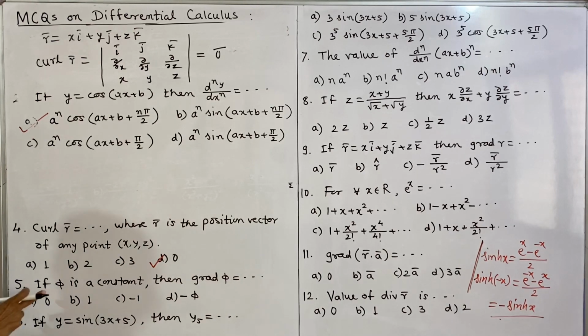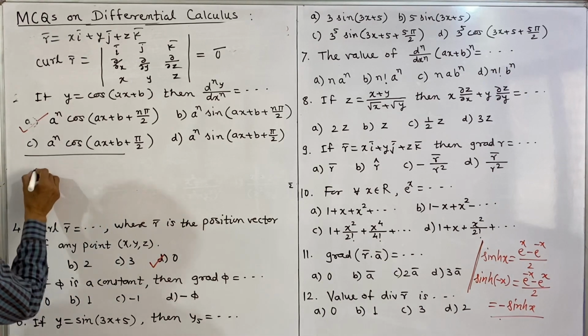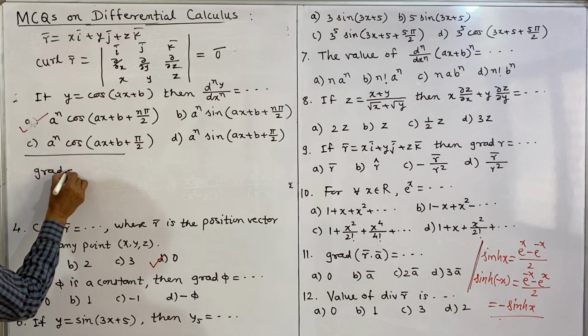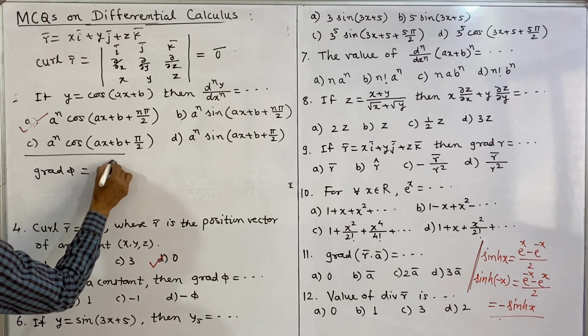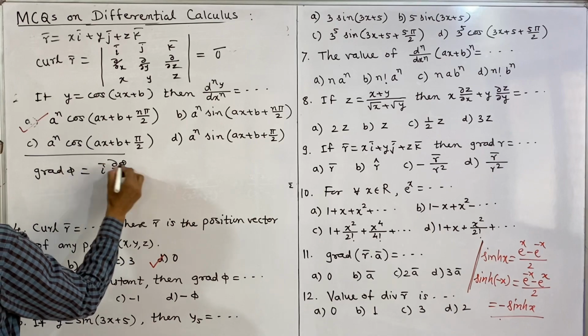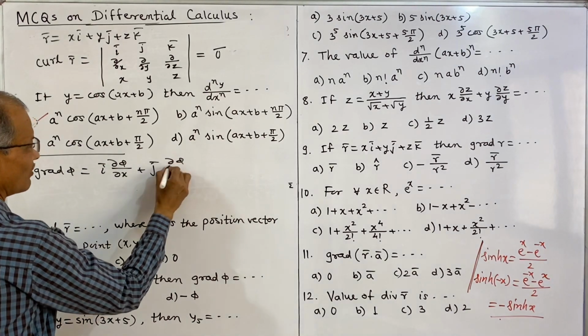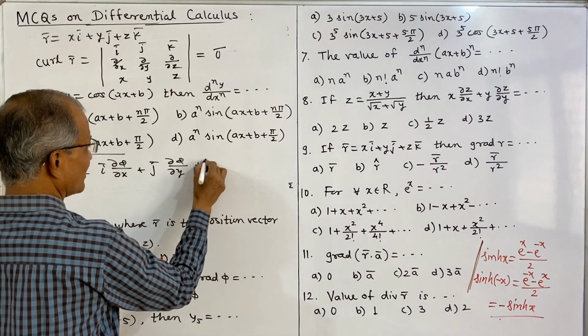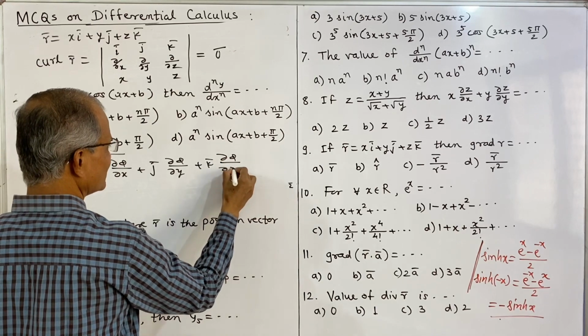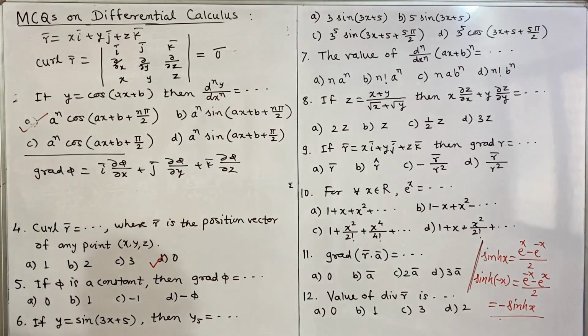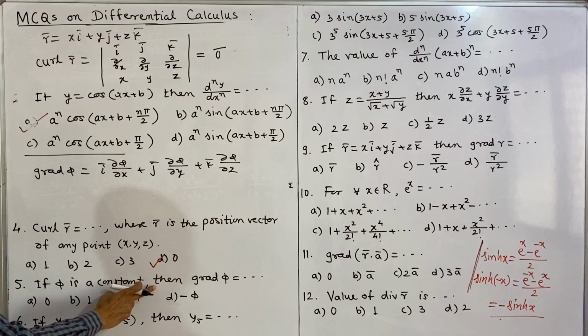Next is, if phi is constant, then what is the gradient of phi? Gradient of phi we know is defined by grad phi equal to i dou phi by dou x plus j dou phi by dou y plus k dou phi by dou z. So this is the expression for the gradient of phi, and here phi is constant.